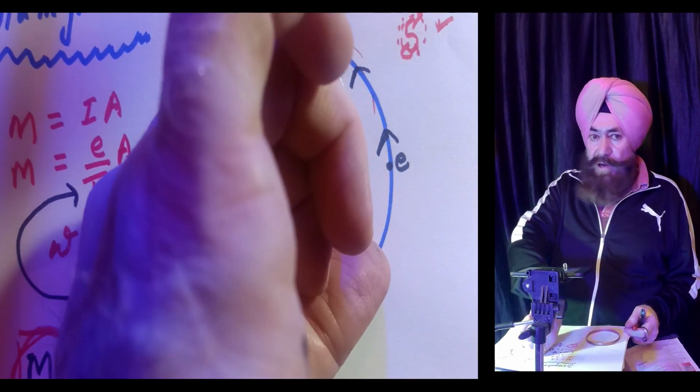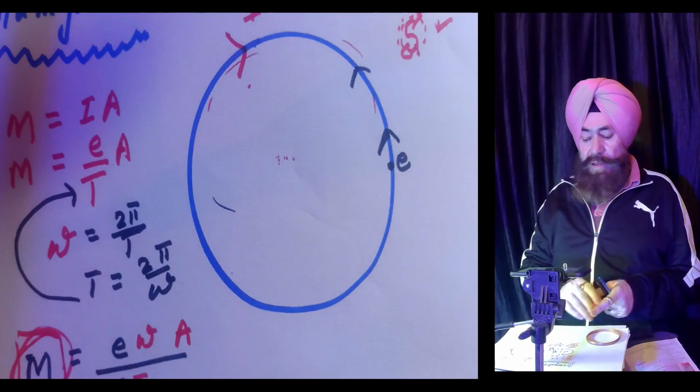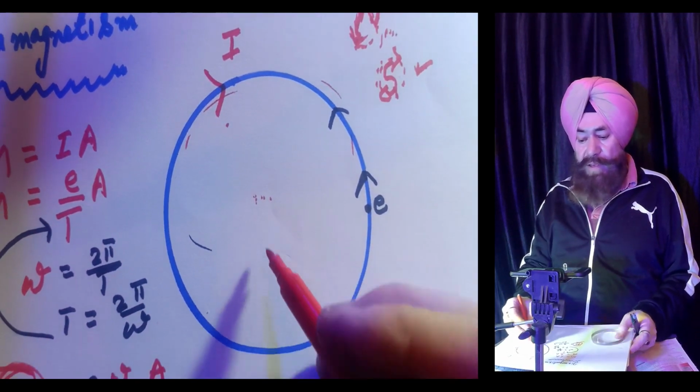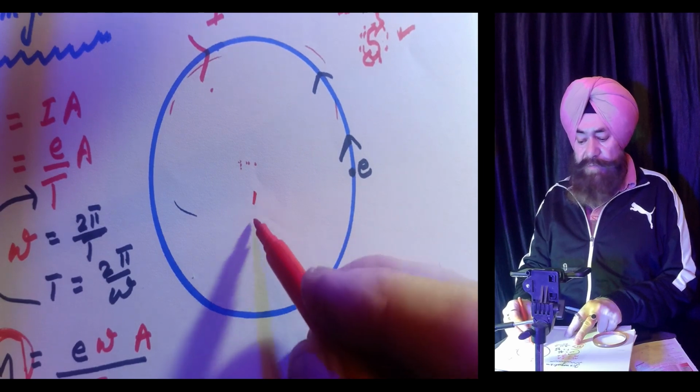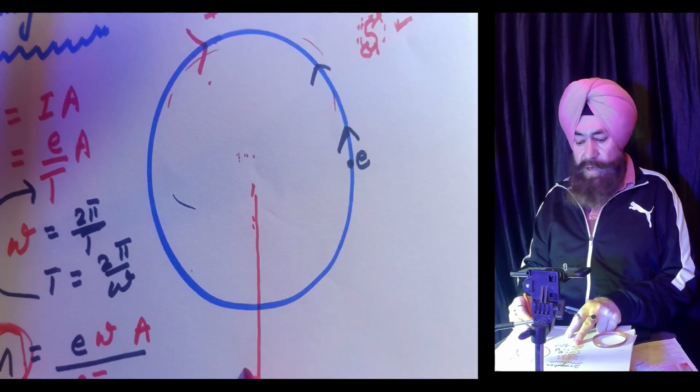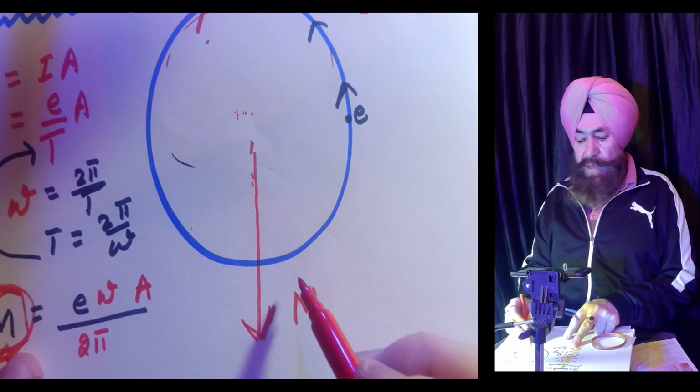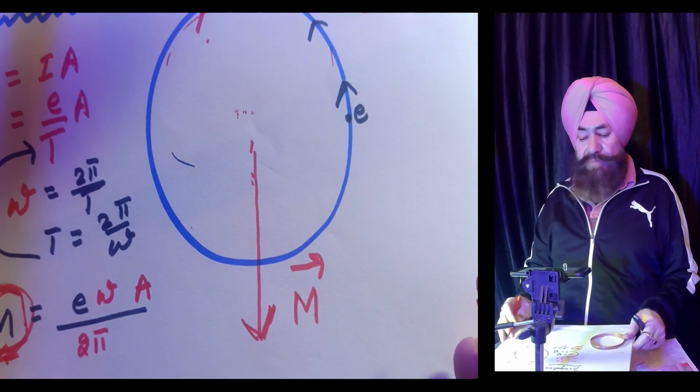So the magnetic moment will be along this direction. This is the direction of the magnetic moment vector m.